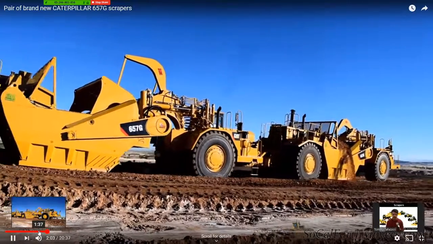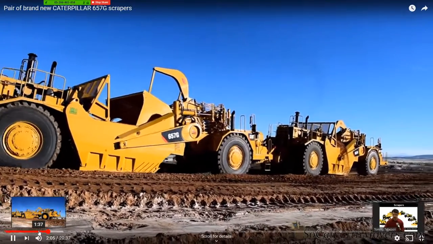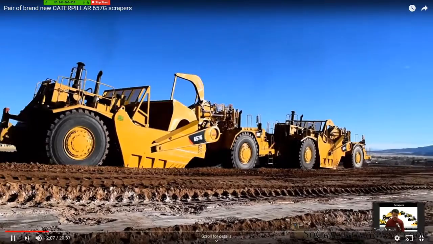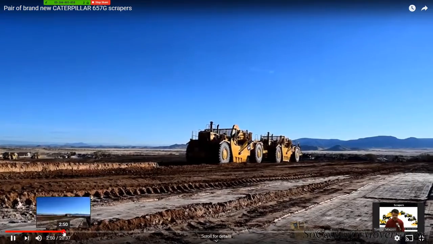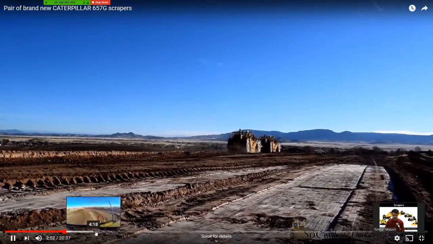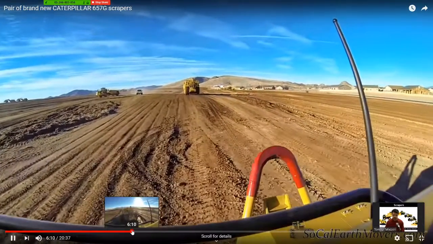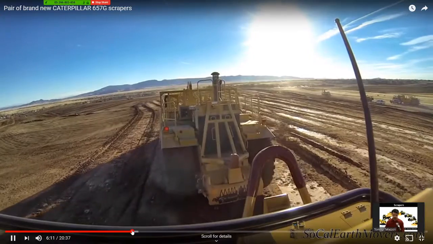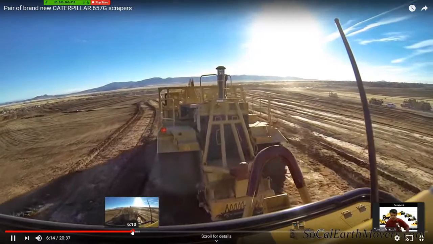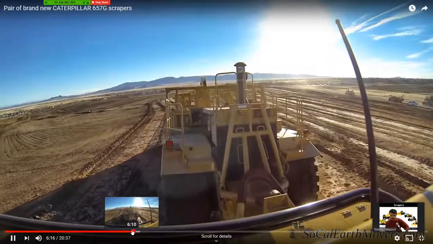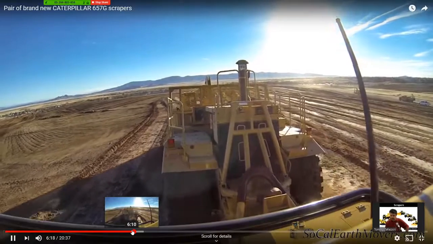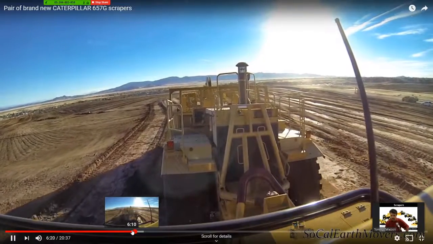Pretty big machines. As you can see, the two machines have been attached. This is how the attachment happens. As you can see, it's pretty easy and fast.